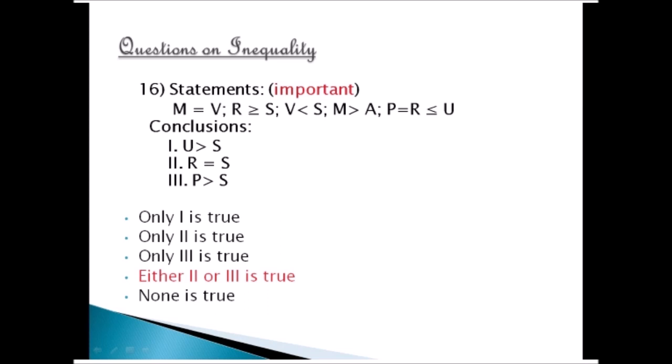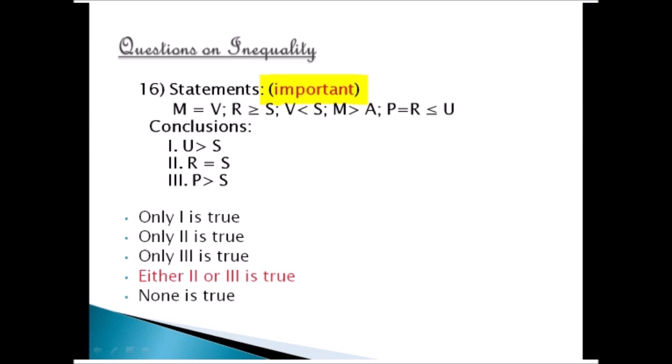Question number 16. This is the important question, because normally this kind of questions are asked in exams. Normally out of 5 questions, 1 question should be from this kind of pattern.